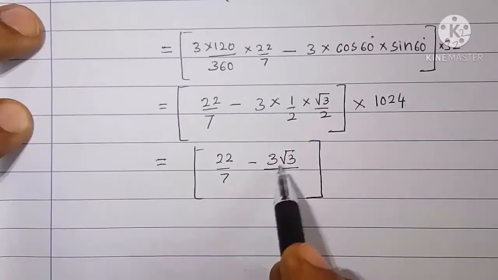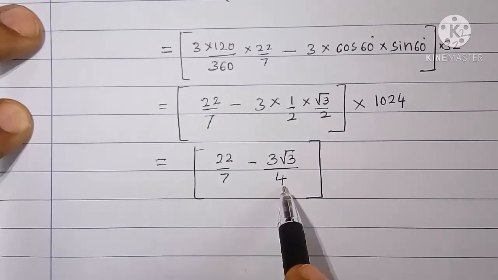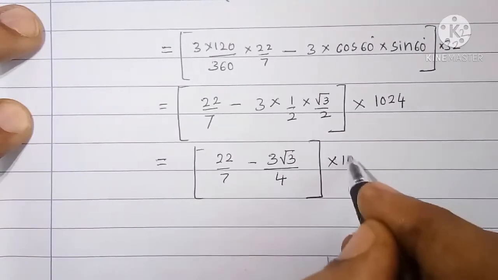So 22 by 7 minus 3 root 3 divided by 4, into 1024.